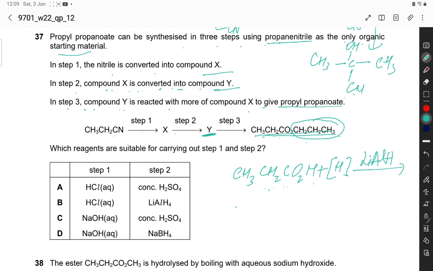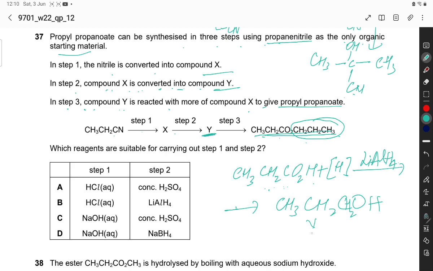Reduction of the carboxylic acid only takes place in the presence of lithium aluminum tetrahydride, to form CH3CH2CH2OH.